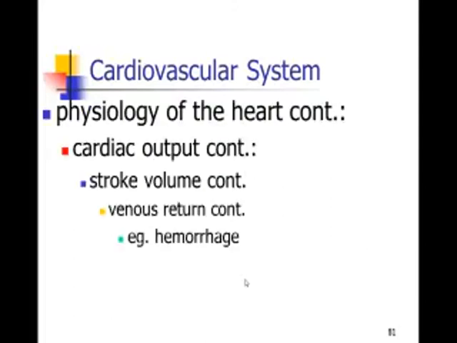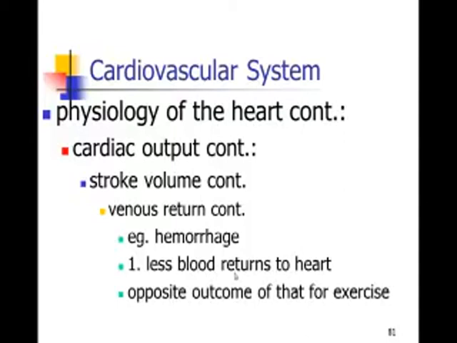Okay. What if we have hemorrhaging? Hemorrhaging is an abnormal situation where you're losing blood. Obviously this means the venous return is going to drop, and if the venous return drops, then the heart will pump less strongly, and the outcome is obviously going to be the opposite of what it was for exercise.